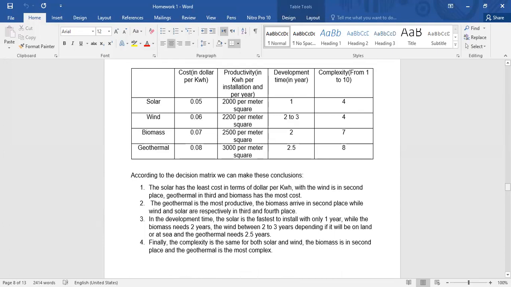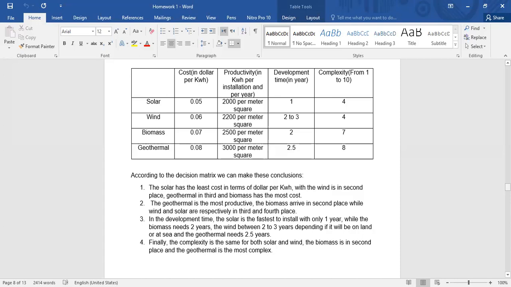Sorry, maybe I made a mistake here. The geothermal is fourth and biomass is in the third position. The geothermal has the most productivity, with biomass arriving second, and wind and solar respectively in third and fourth place.